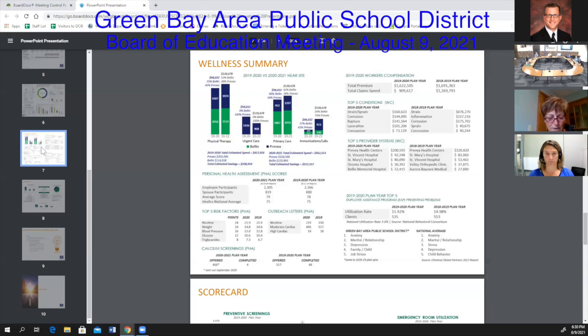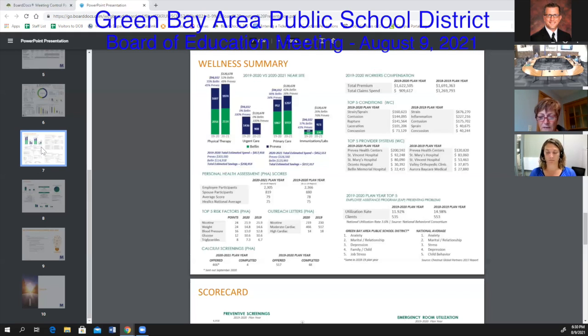You see on the very bottom there how many members were offered the free heart calcium screenings in the 2020-21 plan year versus how many completed them compared to the 19-20 plan year. Now here again, we're relatively confident that COVID has had some impact, but there is opportunity for us to continue to educate members on the resources available to them.